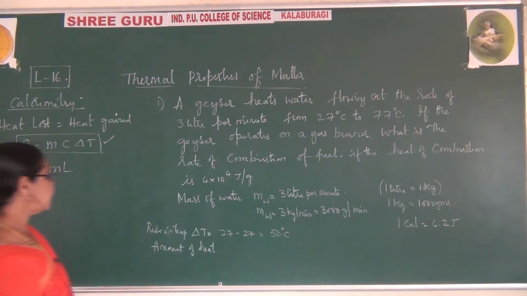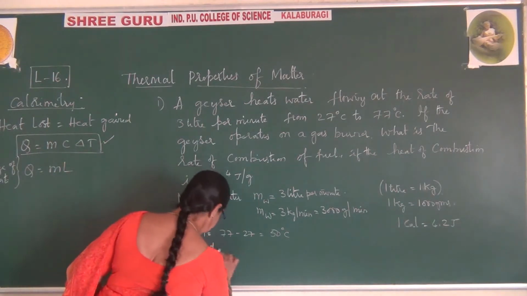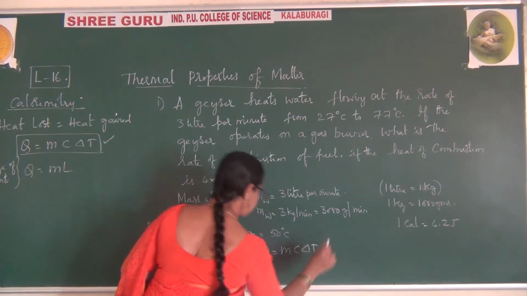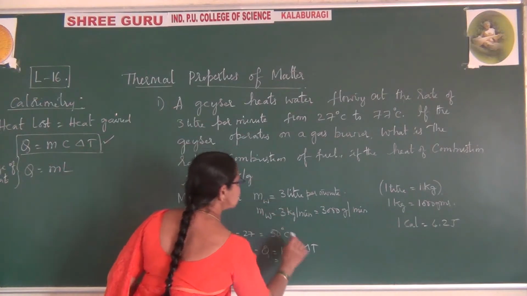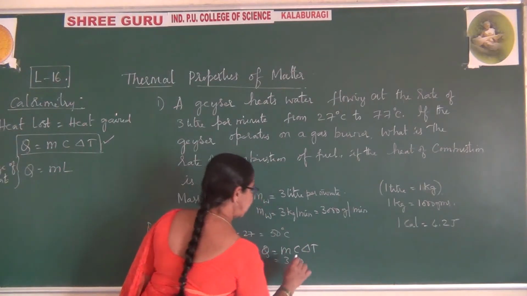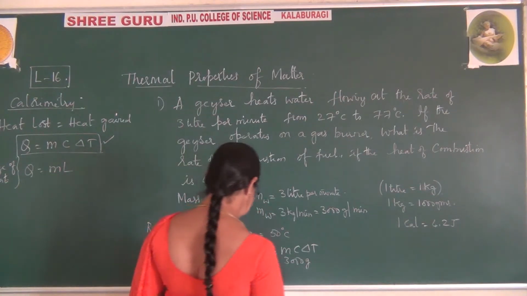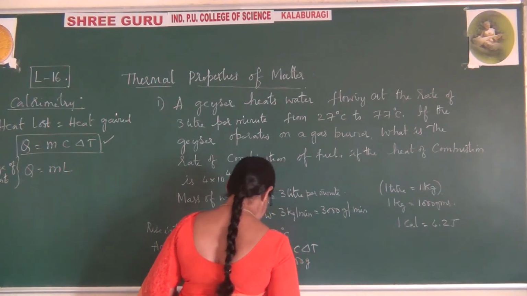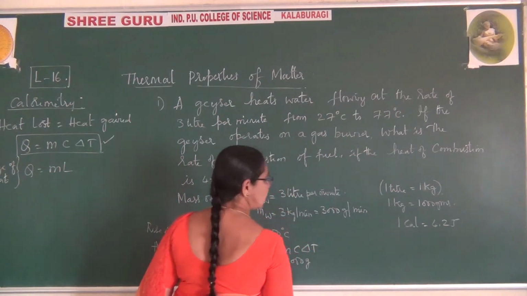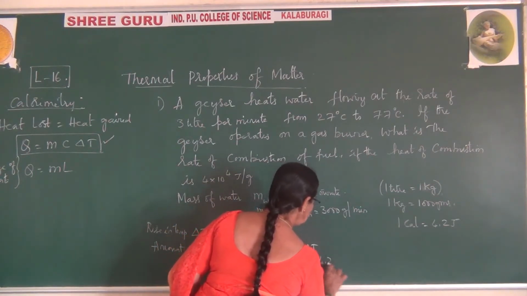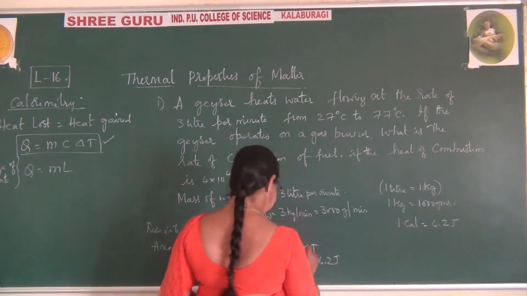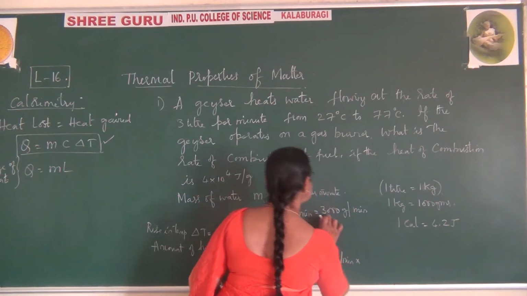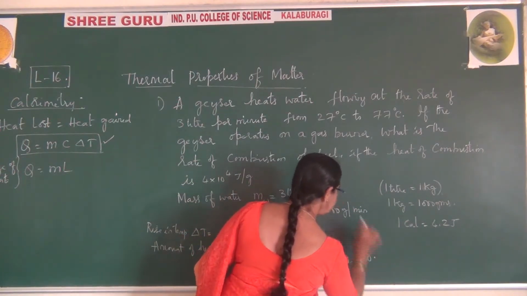Q is equal to mc delta T. So the amount of heat spent is Q equal to mc delta T. Now I write m, which is the mass, 3000 grams, into C. I am taking C in terms of calories, 1 calorie into 4.2 joules per minute, into delta T, which is 50.